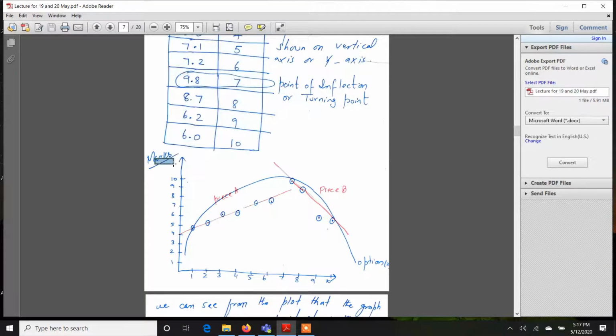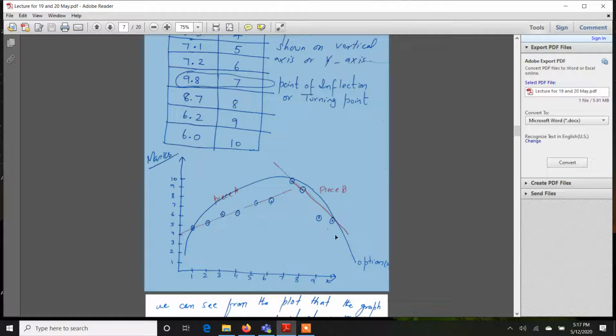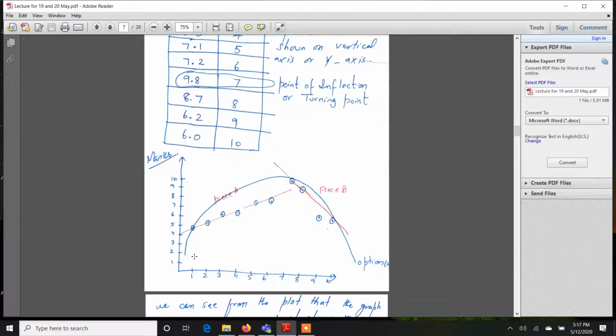This type of plot will come up, and you can see this is not linear because it is sort of an inverse U shape, or you can say it is piecewise linear, piece A, piece B. So it's not linear, right?